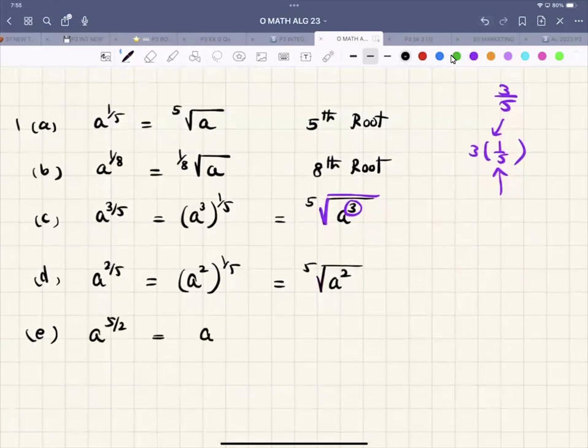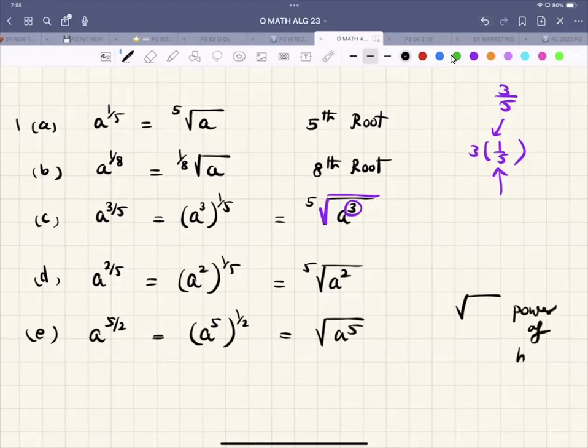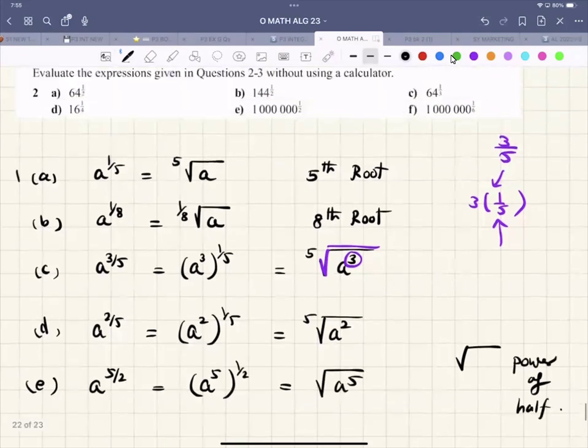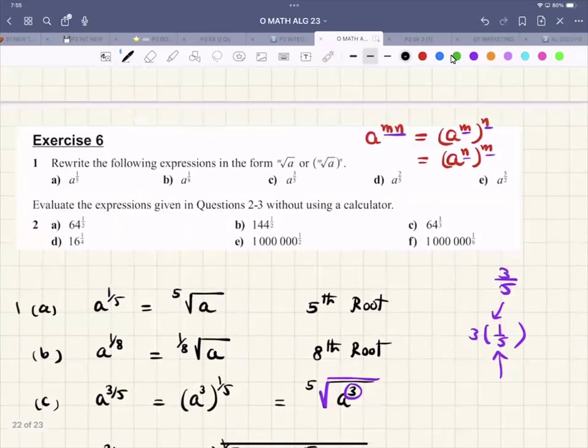That is a raised to power of 5 raised to power of half. That is the square root of a raised to power of 5. There's no need of writing a 2 over here. A simple square root means power of half. So now this is all good, all clear.